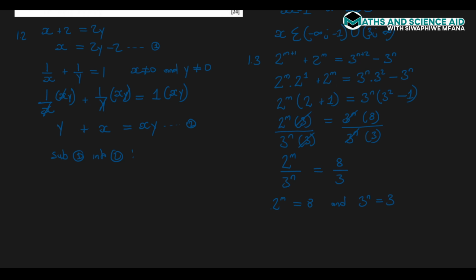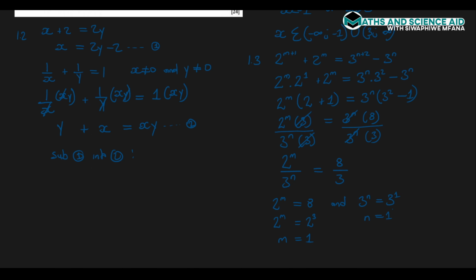All right. And now here we can simply write this 8 with the same base of 2. And that would be 2 to the power of 3, meaning that m is equal to 3. And here it's straightforward. We already have the same bases, so it means that n must be equal to 1 because our exponent is 1 there.